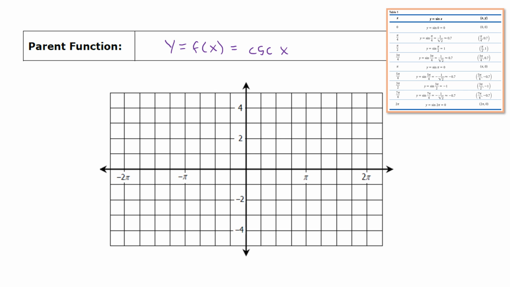So that means we have asymptotes on the y-axis, at pi, and at 2 pi.